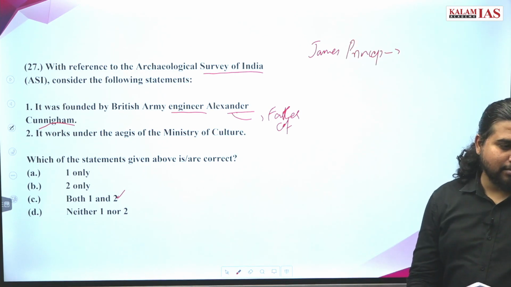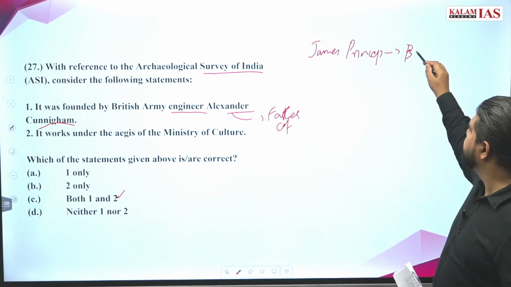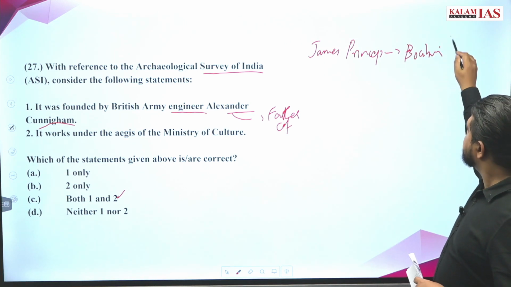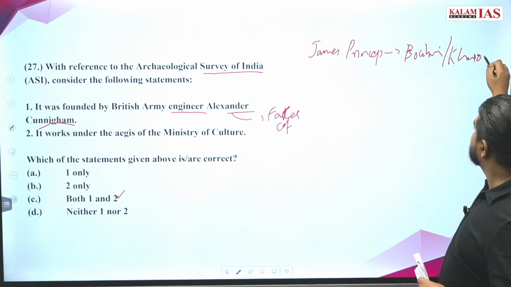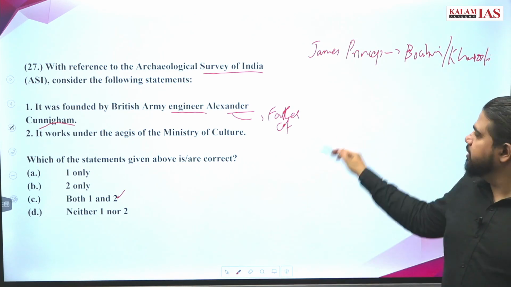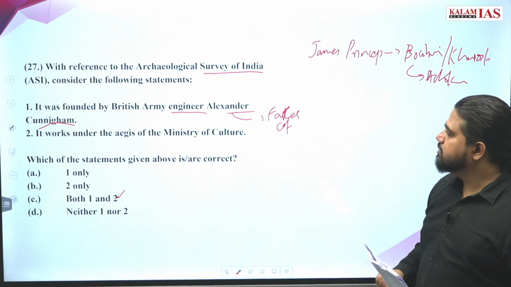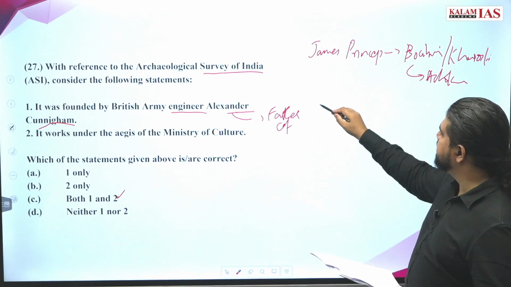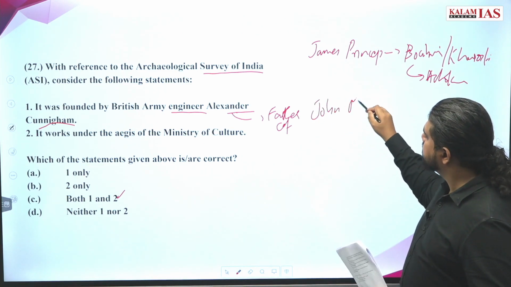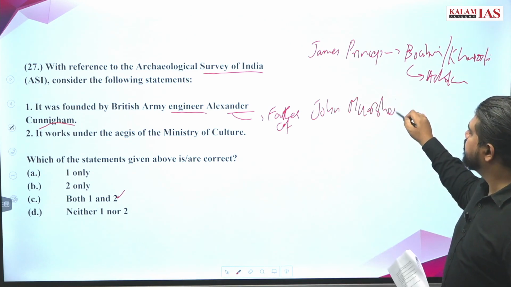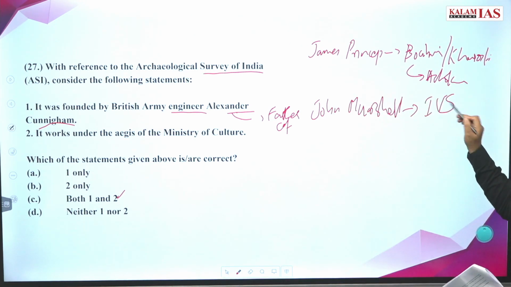He deciphered the Brahmi as well as Kharosthi scripts. During which phase were these scripts famous? During the time of Ashoka. Who is the other famous one? John Marshall. What is his contribution? John Marshall's contribution is the Indus Valley civilization.